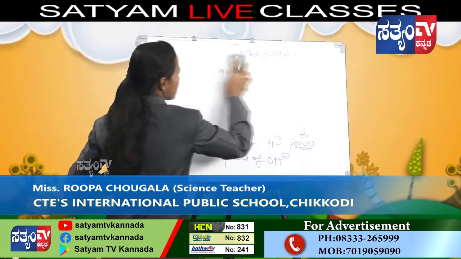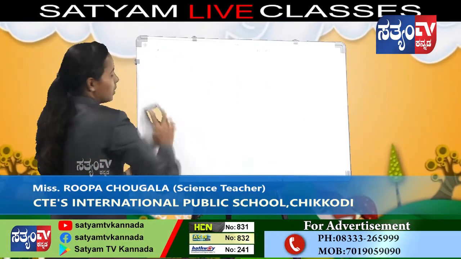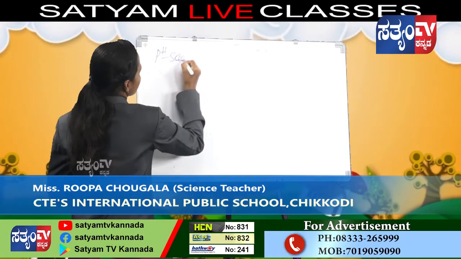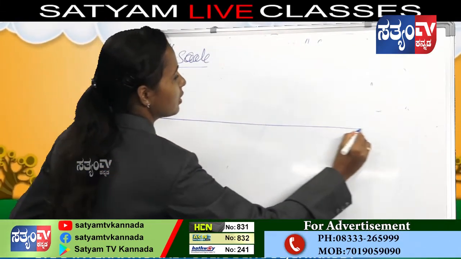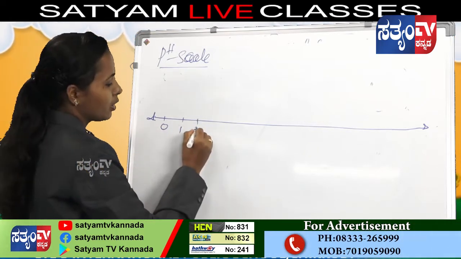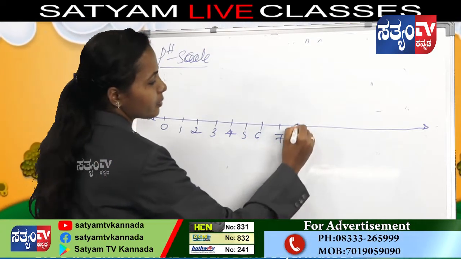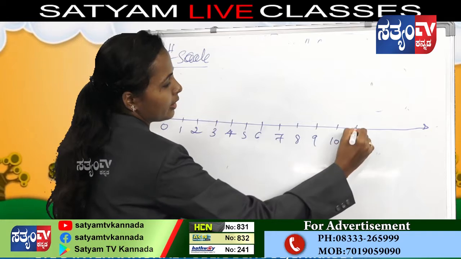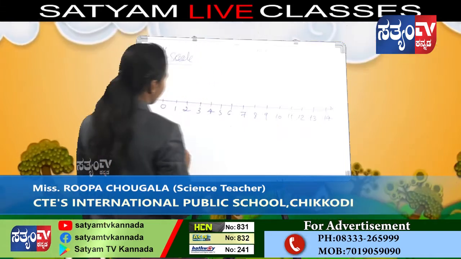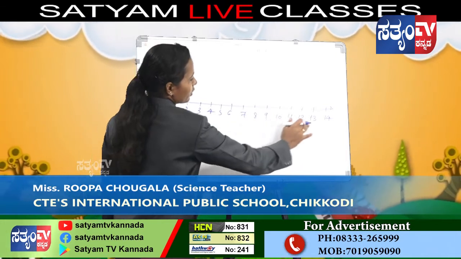It is a scale containing the values 0, 1, 2, 3, 4, 5, 6, 7, 8, 9, 10, 11, 12, 13, and last 14.